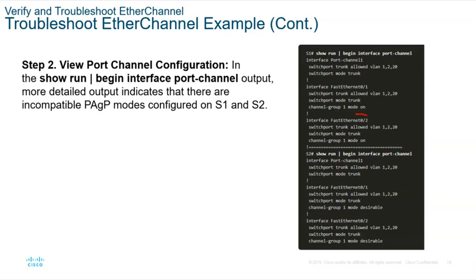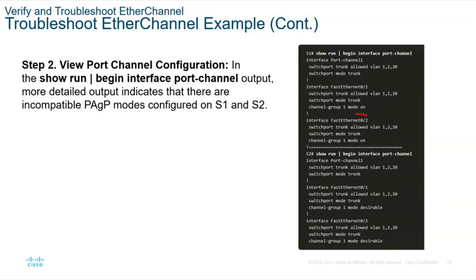The mode is trunk, and under the ports we have allowed VLAN 1, 2, 20 as well. Then channel-group 1 mode is desirable. Automatically that is the problem. We cannot have on and then desirable.